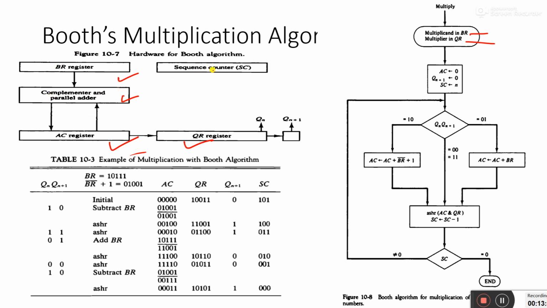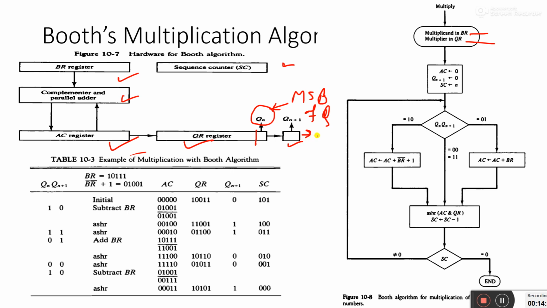Next is my sequence counter, which will count the number of steps. Another thing is that I am using two things. One is my Qn, which is the LSB of the Q register, and Qn plus 1, which is a shifted bit of the QR register, initially 0.